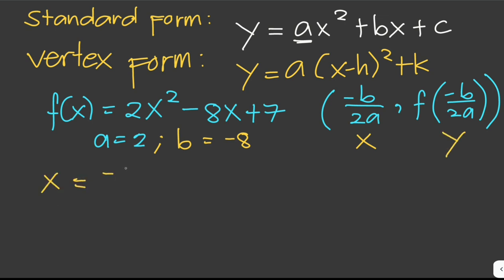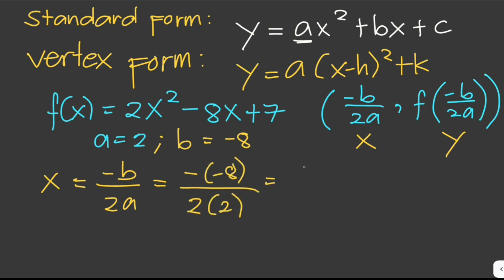So let's solve for x. That is negative b over 2a. b here is negative 8, so that is negative of negative 8 over 2 times 2. So this is just 8 over 4, which is equal to 2.